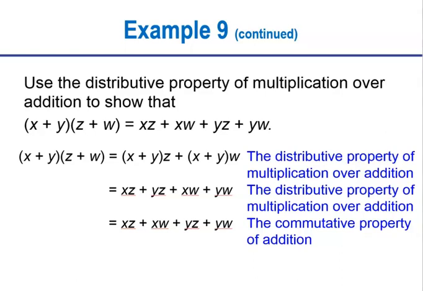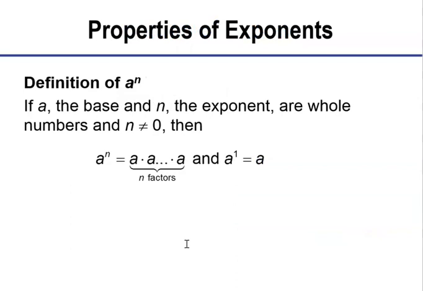The next thing I want to talk about is properties of exponents. You have seen this in an algebra class. If a, the base, and n, the exponent, are whole numbers, and n is not equal to 0, so your exponent is not equal to 0. By the way, we have talked about if your exponent is 0, your answer is 1. But this definition is for when n is not equal to 0.